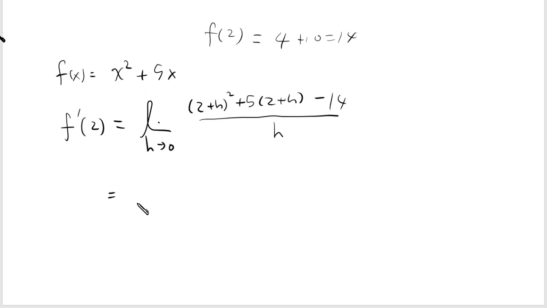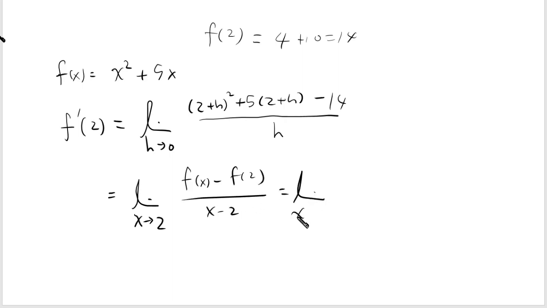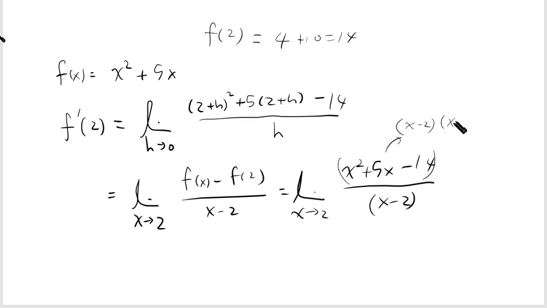But if you use the second formula, limit x going to 2 of f of x minus f of 2 over x minus 2, that's simply limit x going to 2 of x squared plus 5x, which is your f of x, minus f of 2, which is 14. And you divide by x minus 2, and that's easy because you just have to factor this. This factors as x minus 2 times x plus 7, right?